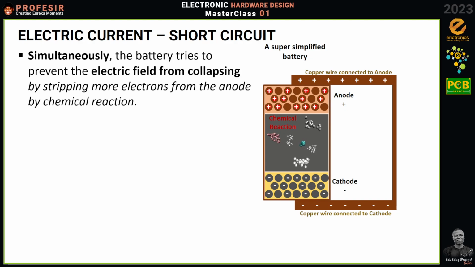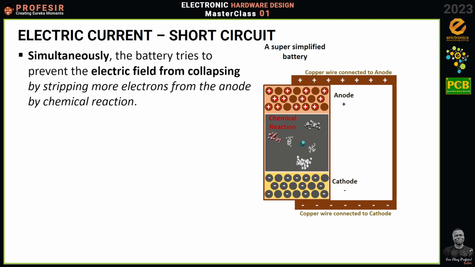Now, simultaneously, the battery tries as much as possible to sustain the charges, right? And we saw earlier that the way the battery sustains the charges is by causing more chemical reactions to happen, so that electrons will be stripped off from the anode and deposited at the cathode, right?